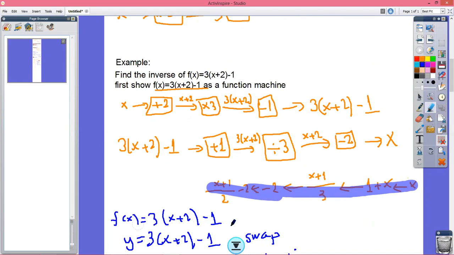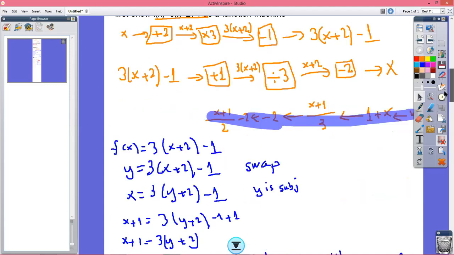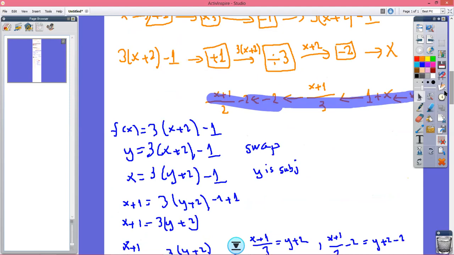The other part, this part, is important: writing the function, swapping, and after that making y the subject. What we need to learn is this one. The other part is a review of what we studied in the previous lesson. If you understand this part, it's okay.